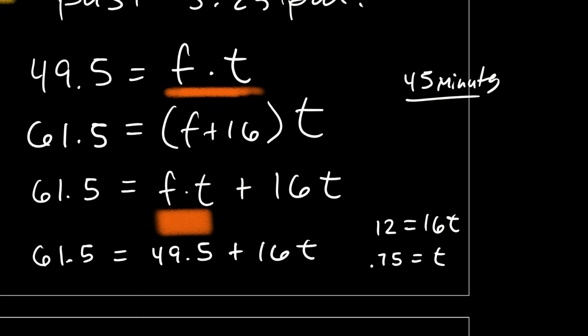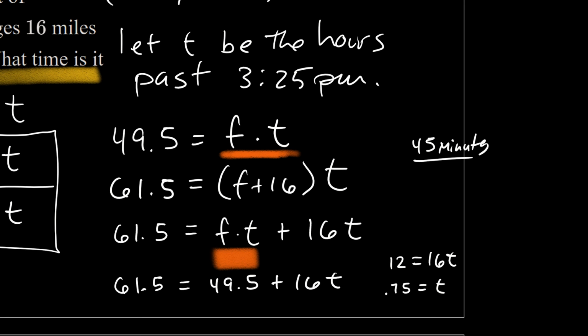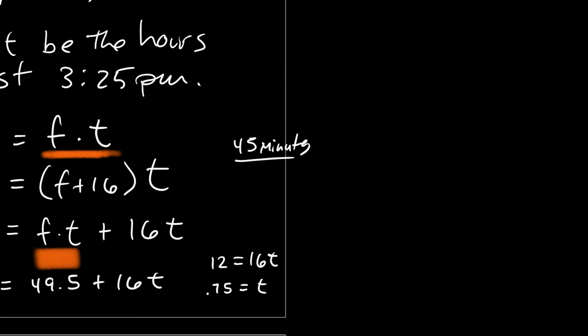So if I think about now, what is the time past 3:25 p.m.? If I'm looking at an old school clock, not a digital clock, the minute hand is pointing at the 25, and I'm going to add to that 45 minutes. 5 and 5 is 10, carry the 1. Oh, that stinks. It's going to go around to the next hour, isn't it?